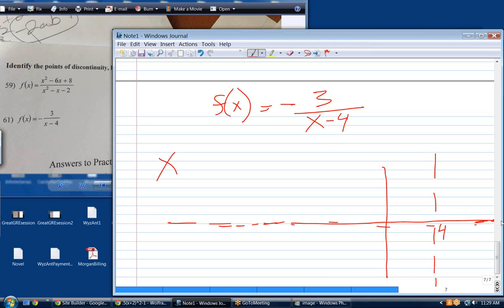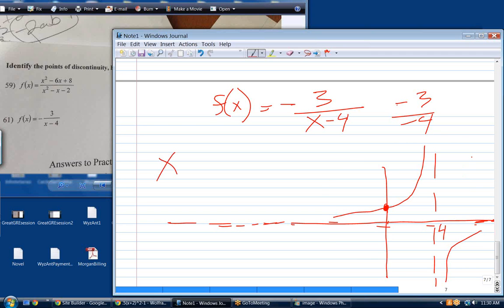Right. And now the only question is whether this curve goes like this, or because of this negative sign, that probably switches. It probably means that this curve goes like this. Let's make x equals 0. If x equals 0, I have a -3 over a -4, so I'm at positive territory, so I'm right there.